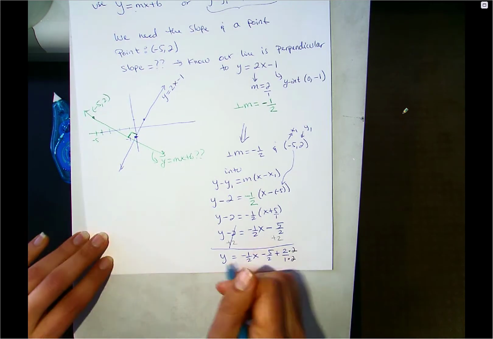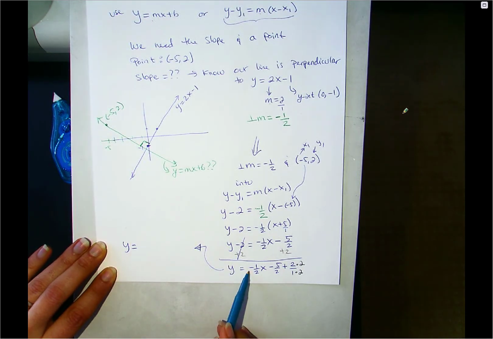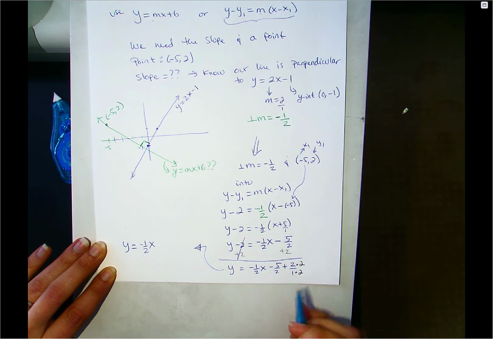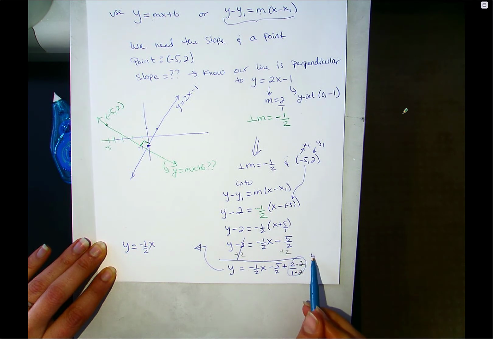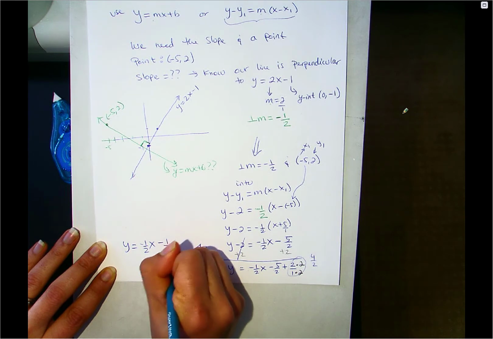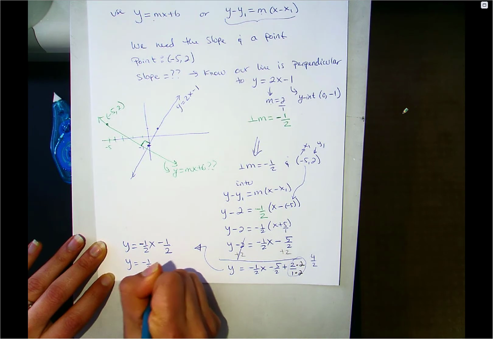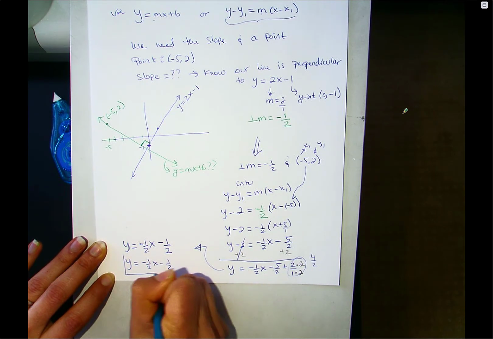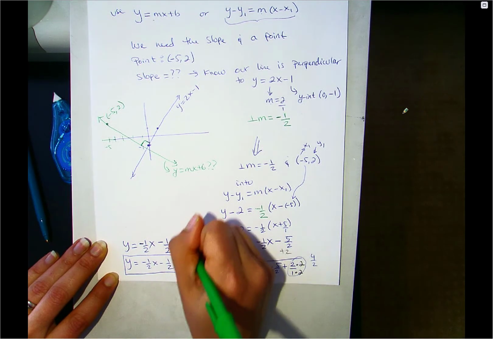So it's going to be y equals -1/2 x, and -5/2 plus this guy becomes 4/2, and to check it, 4 divided by 2 is 2, so we're good. -5 plus 4 is -1, so it'll be -1/2. So that will be the equation of the line for my perpendicular line.